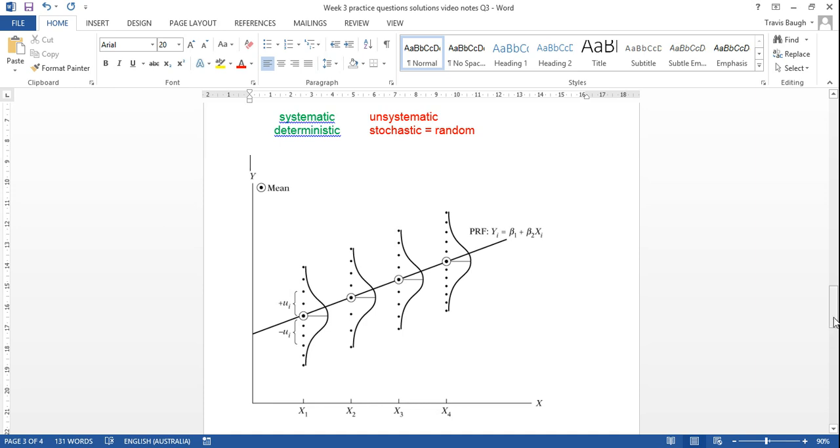Okay, so we have got the specification of the model. The next part of the question says that the disturbance terms were randomly sampled from a normal distribution with a mean of 0 and a standard deviation of 10. Given this information, state how ui is distributed.